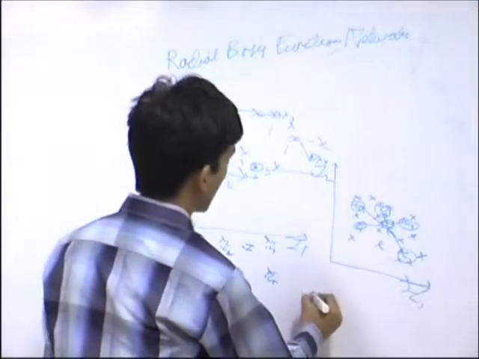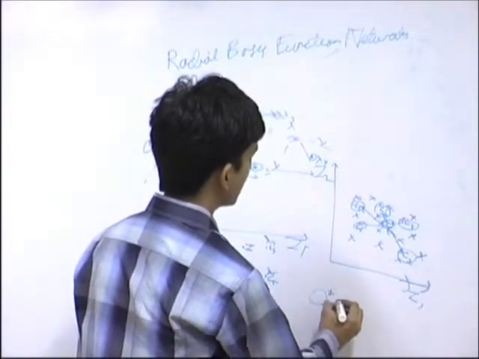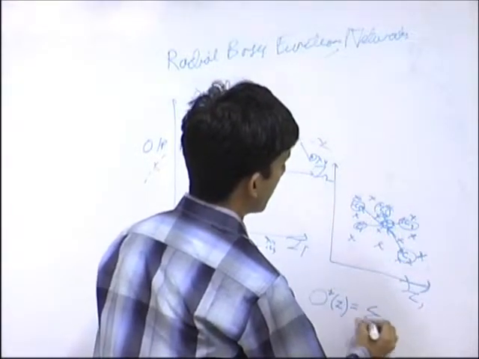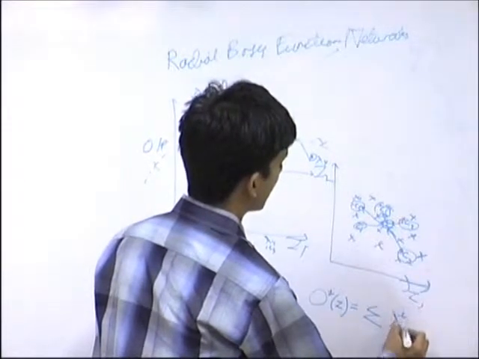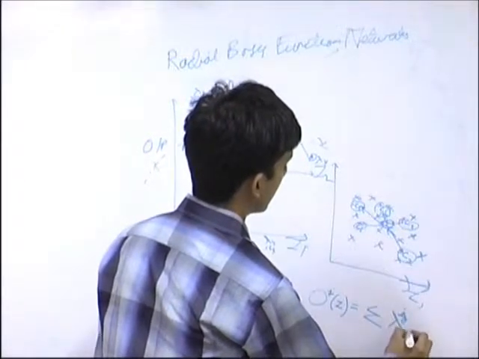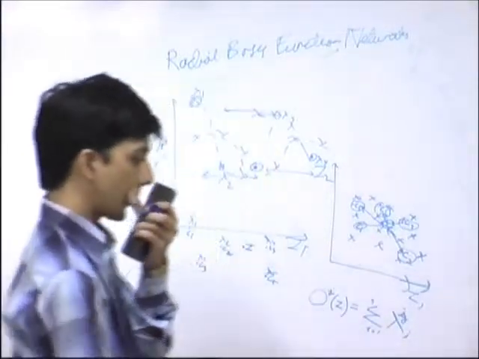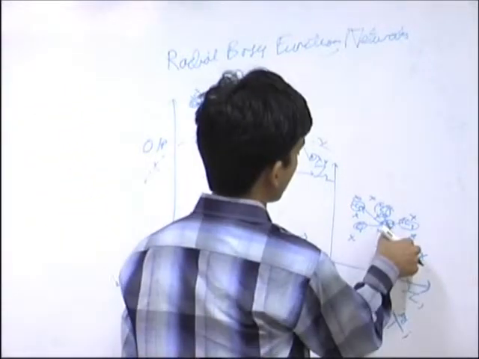So simply I say my output OJ at any input I is nothing but my output at all these places that I have taken to be lambda J, and of course the weight would be given by some function.